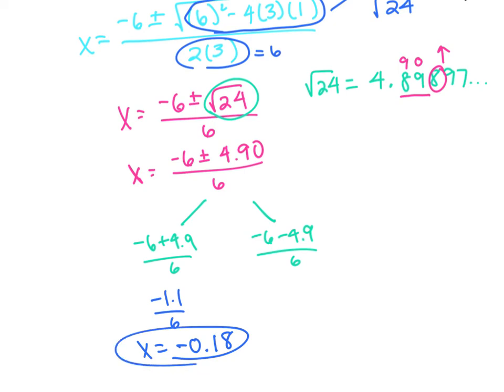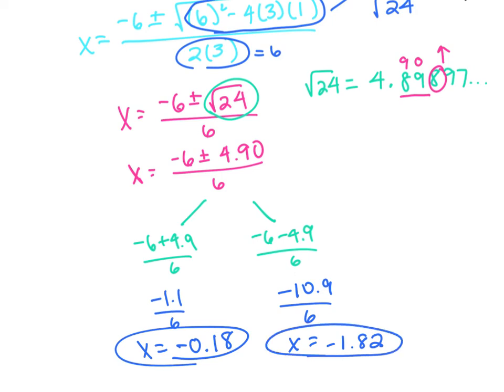And lastly, negative 6 minus 4.9 gives us negative 10.9 over 6. Negative 10.9 divided by 6. And that gives us negative 1.816, so that'll round to negative 1.82. And there are your 2 answers.